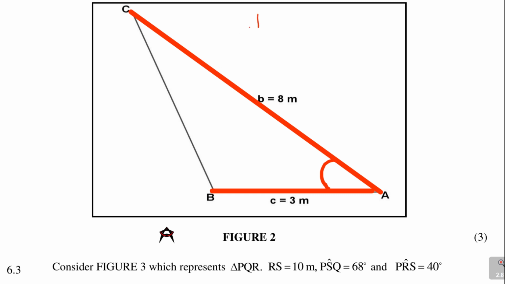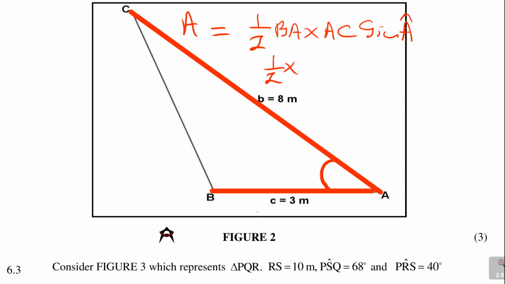Area is half. So area is equal to half BA times AC and then sin A. See that? Which is half times BA is 3, times 8, sin A. But they told us the area already.